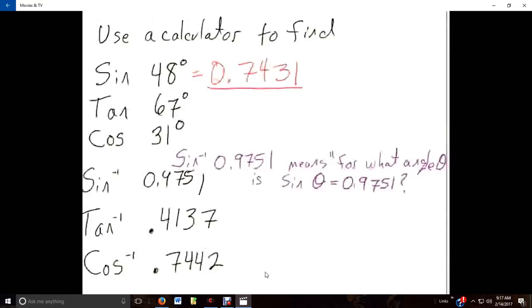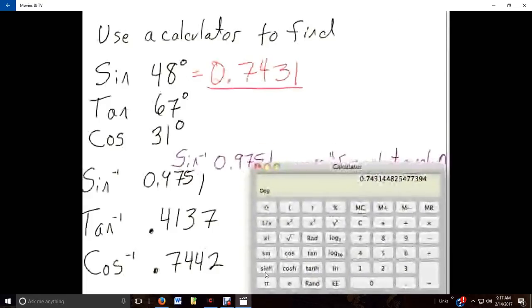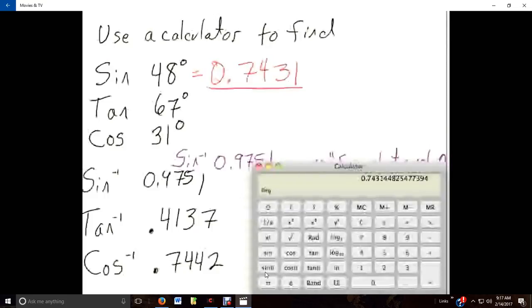All right, let's look at another one. Tangent of 67. Again, we'll just take 67 tangent. Now, tangent outcomes can be anywhere on the spectrum. It can be any real number.